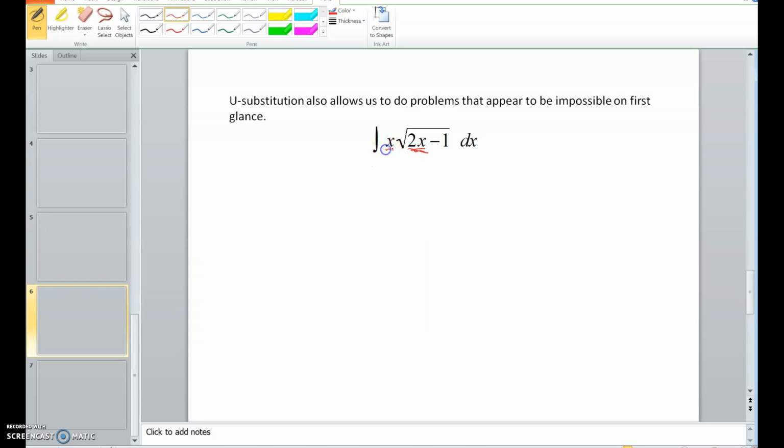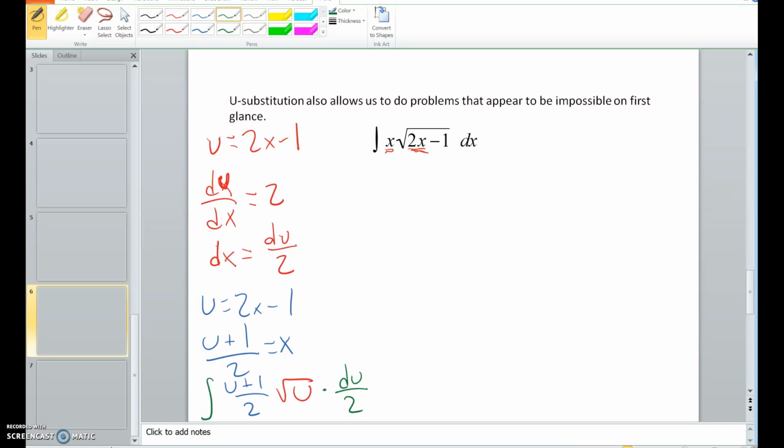But outside the function, we have an x. So we're off by a variable. That's going to be problematic for us. There's nothing we can do to integrate this without using u substitution. So go ahead and take a second, decide what you think u should be, and then go ahead and rewrite the integral in terms of u.